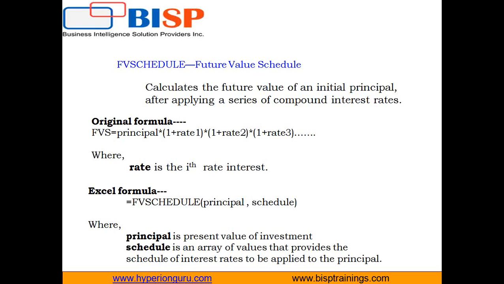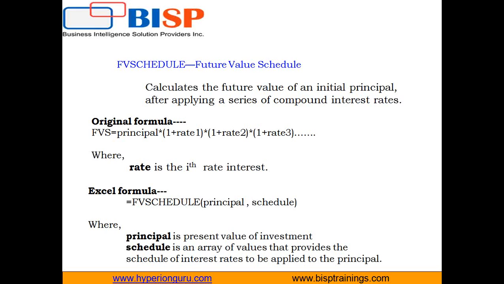If you are the bank, then the amount will be denoted with a plus sign because the amount is coming into your account, and if the amount is going out from your account, that will be denoted by a minus sign. FV schedule returns the future value of a lump sum with changing future interest rates.